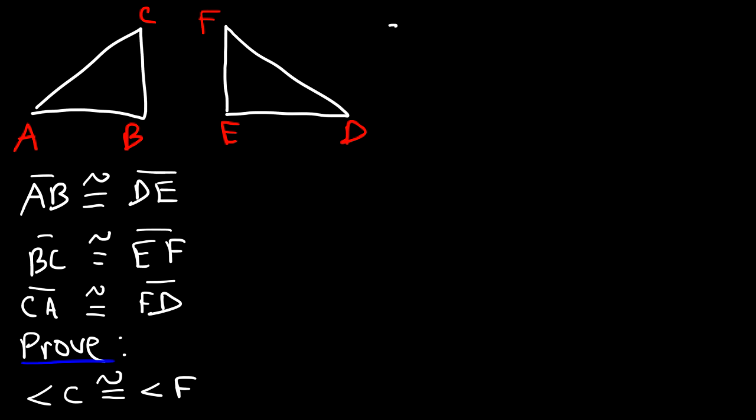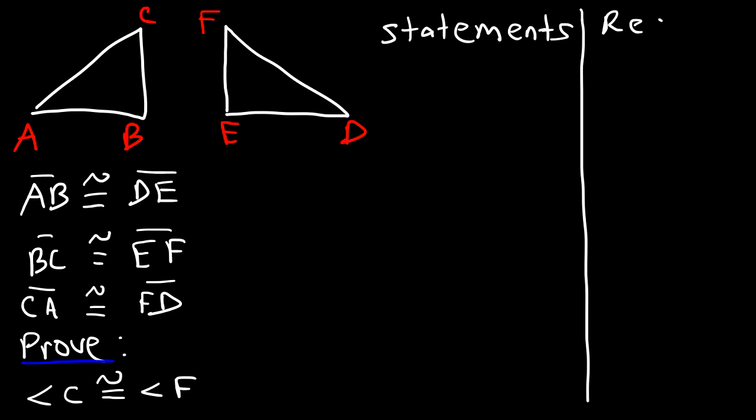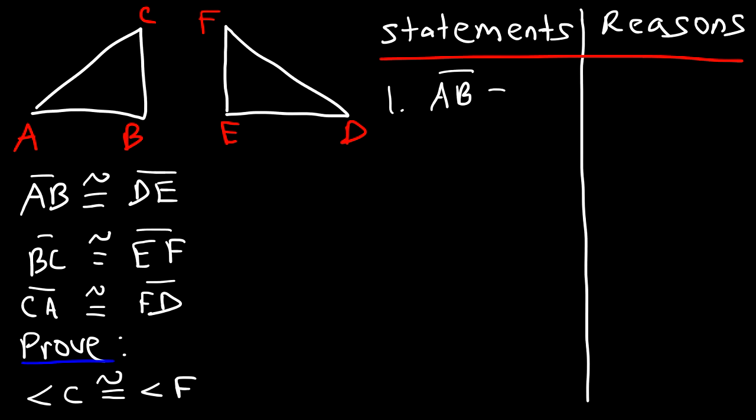So let's make our two-column proof. Statements, and reasons. So the first statement that we could say is that AB is congruent to DE. And the reason for that, it's given. So let's write that on a picture.